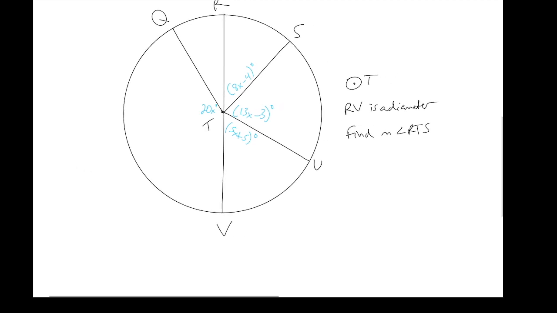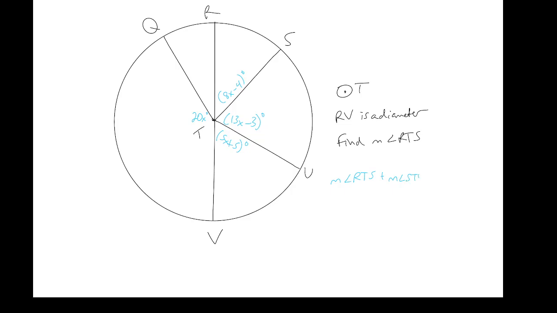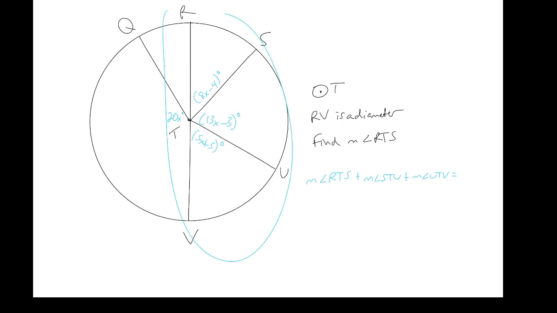So instead of a total sum of 360, we know that the measure of angle RTS plus the measure of angle STU plus the measure of angle UTV will not equal 360, but instead are going to equal half of that, 180, because we have half the circle. So now we can substitute to find x. Once we have x, we plug it back into this expression here, so we can get the measure of RTS.